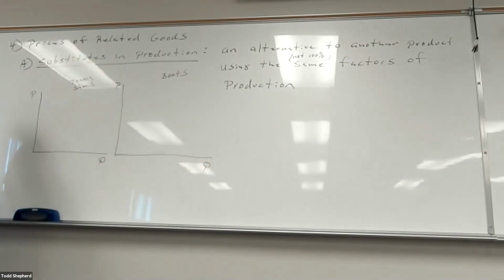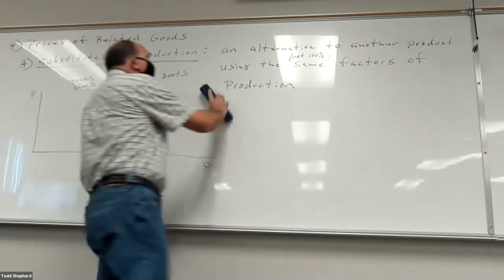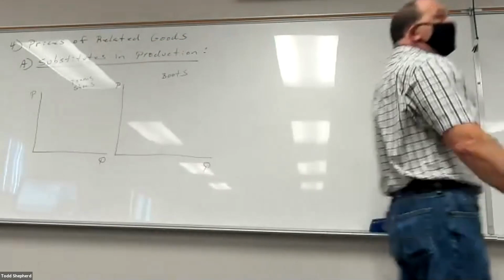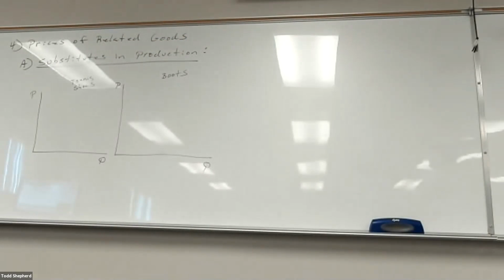We can produce either or. And again, these are pretty close factors of production because the same plant can be used to produce either tennis shoes or boots. The same labor force, the same sewing machines, dyeing machines, whatever. There are obviously several changes to being able to produce a tennis shoe or a boot, but they are very, very close substitutes in production.